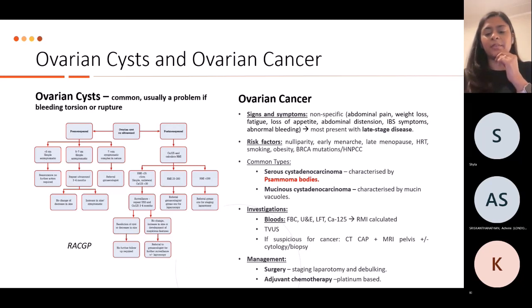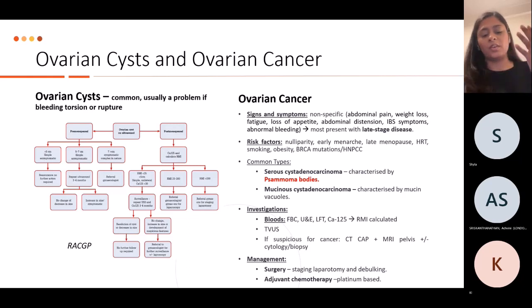Ovarian cancer has very non-specific symptoms, and therefore most people present with late-stage disease. The most common type is serous cystadenocarcinoma, and the key buzzword that they sometimes put in questions is Psammoma bodies.